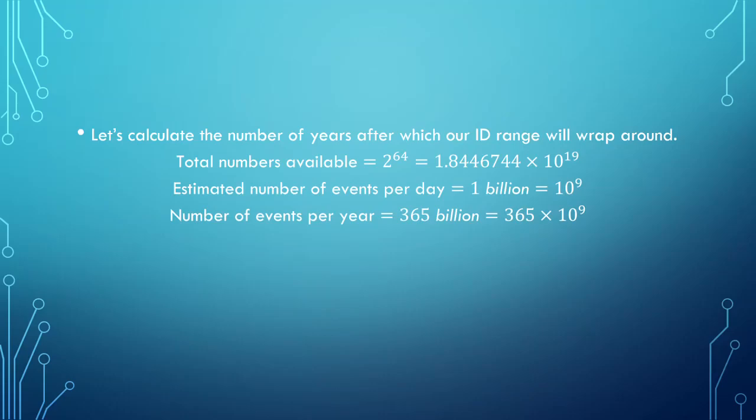The estimated number of events per day could be a billion, that is 10 power 9, so the number of events per year is 365 billion. Having 64 bits, 2 power 64, will satisfy this requirement.